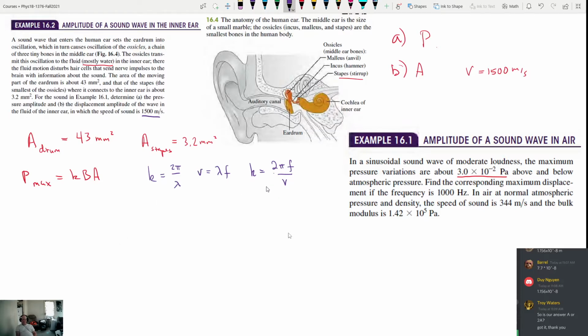So that's obviously going to affect k. I'm pretty sure the frequency has to be unchanged. Because if the frequency coming in is 1,000 hertz, then the frequency going into the inner ear canal also has to be 1,000 hertz. Otherwise, you'd have this kind of buildup of energy occurring. The wavelength can change, but the frequency can't change.